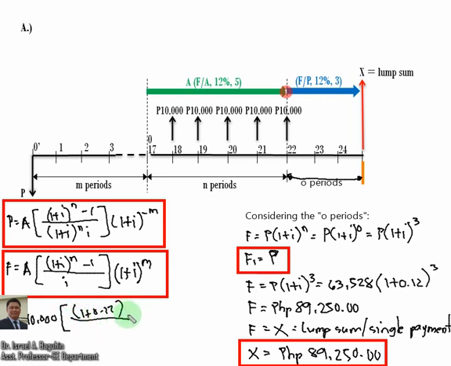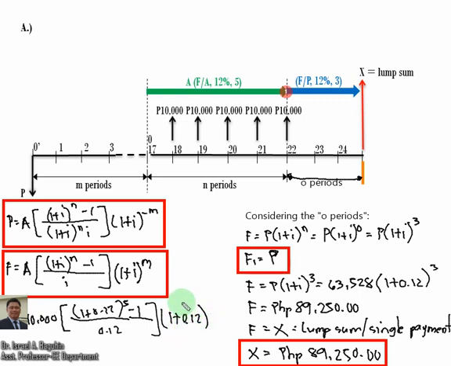N is 5 years, so 5 minus 1, divided by our i, which is 0.12, times this quantity (1 plus 0.12).